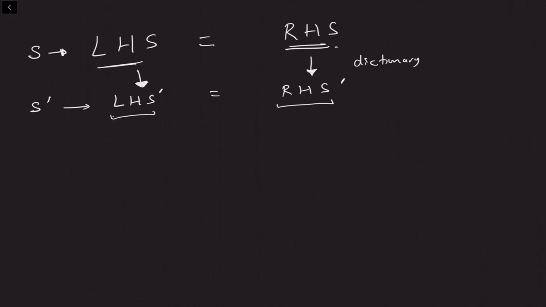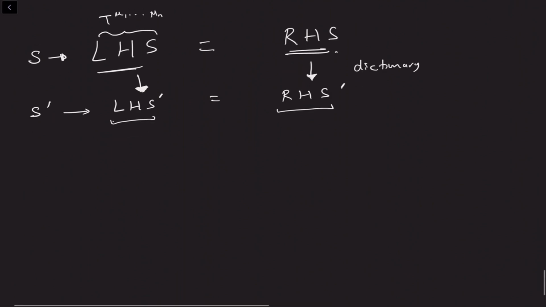Since we've seen that the most general way to describe dictionary objects that transform under special relativity transformations is to use tensors, suppose the left-hand side of a particular equation is described by a rank n tensor, and the right-hand side is a different rank n tensor. Let's call this A with indices mu1 to mu n.